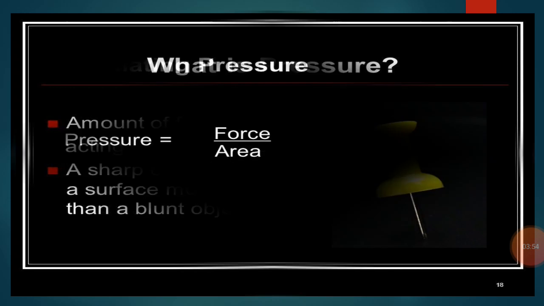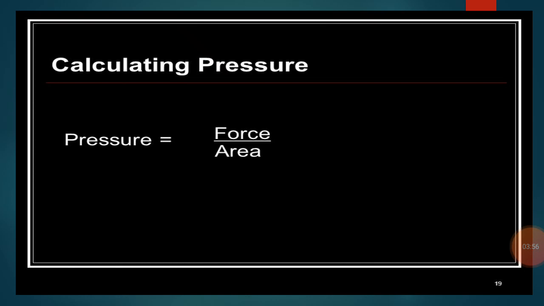Now there is a formula that is used to calculate the pressure. Pressure is equal to force upon area. So here we can calculate the pressure by using this formula. This formula gives a relation between pressure, force and area. It shows that pressure is inversely proportional to area.